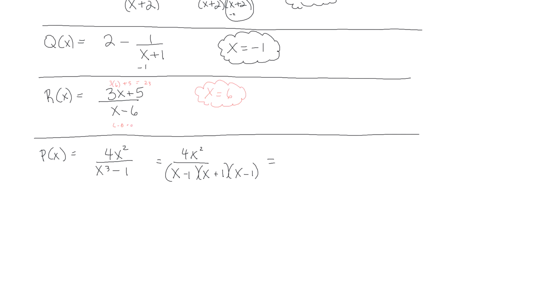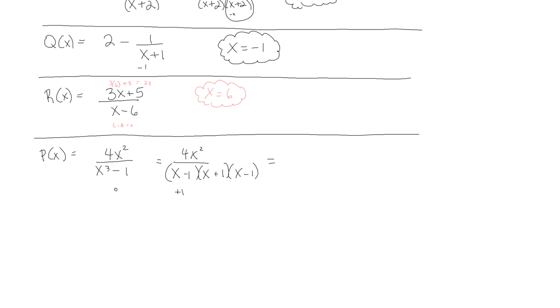Okay, what value is going to make my bottom a 0? If I put -1, that gives me -1, -2, it's going to be a +1. +1 gives me 1 times 1 times 1 minus 1 is 0.